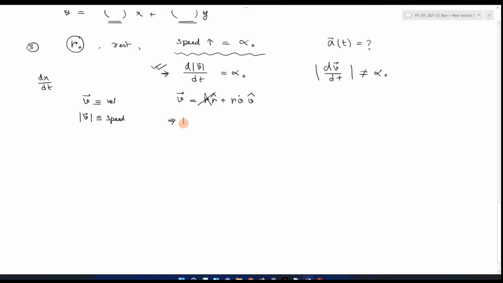Simply our speed becomes r naught theta dot. If you take the time derivative of this speed, it becomes r naught theta double dot, since r naught is constant, and this is given to be equal to alpha 0.